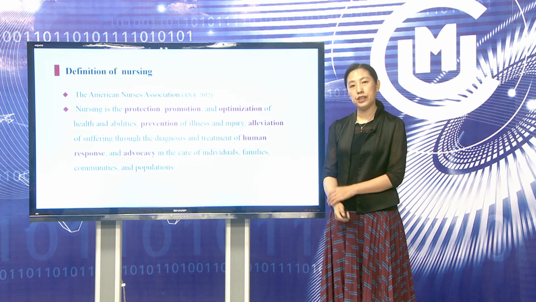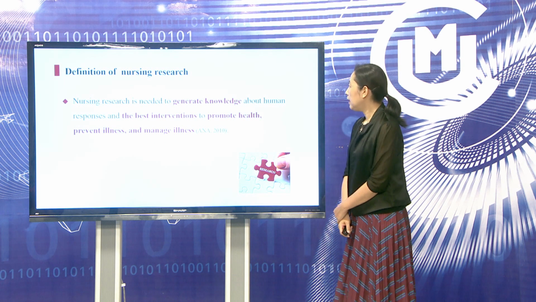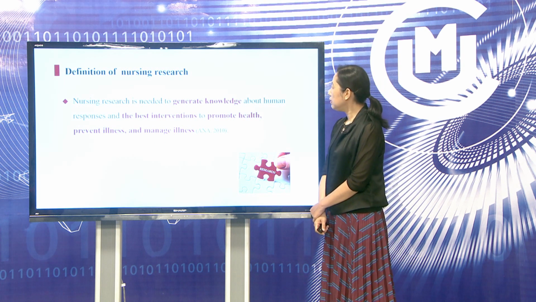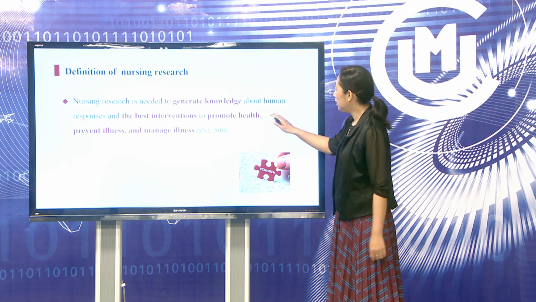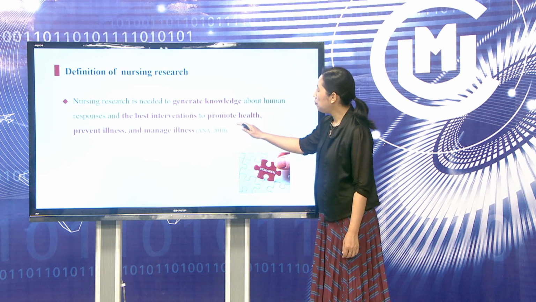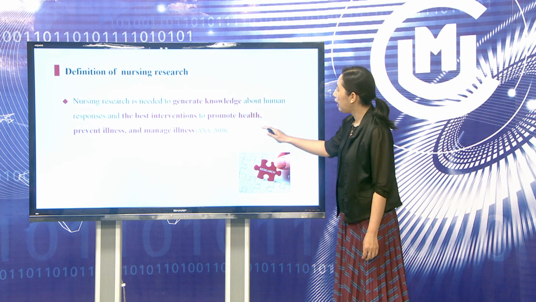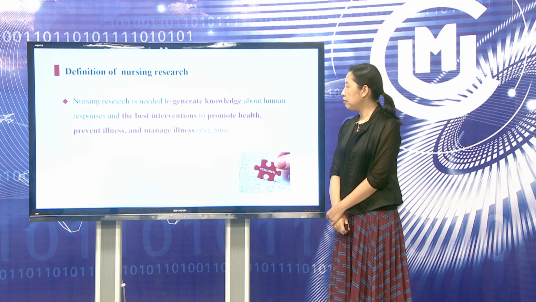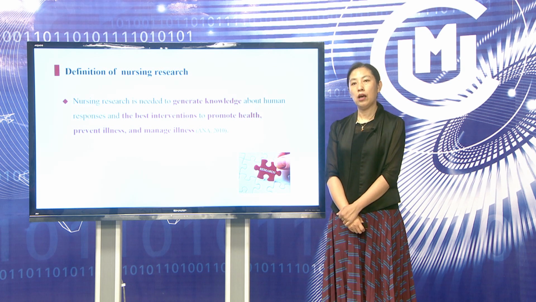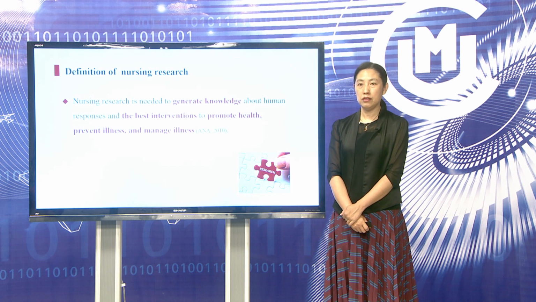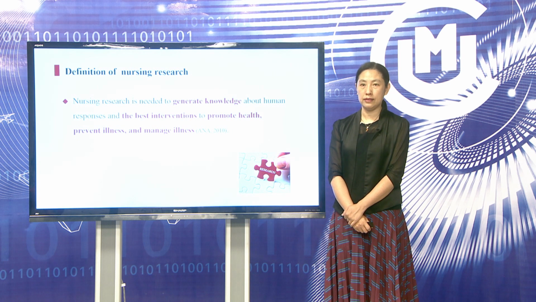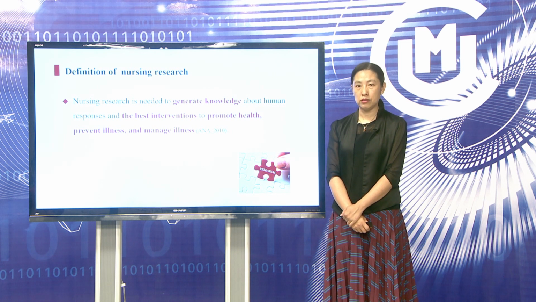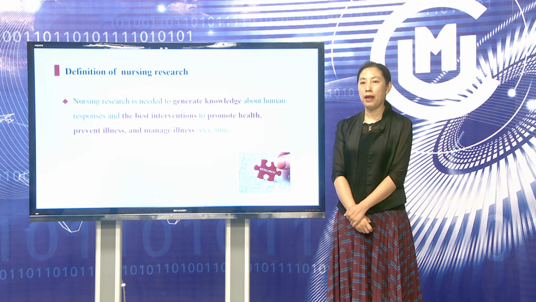So from this definition, you will see nursing research needs to generate new knowledge about human response and the best interventions to promote health, prevent illness, and manage illness. This definition tells us the scope of nursing research, just like I mentioned before: nursing is to help our clients to promote health, to prevent illness, and manage illness.